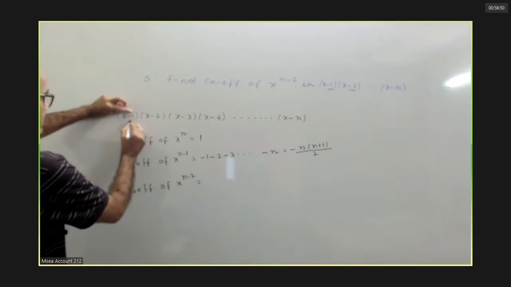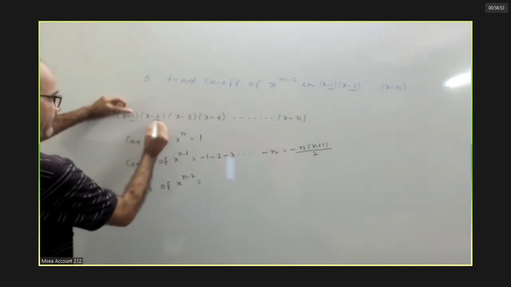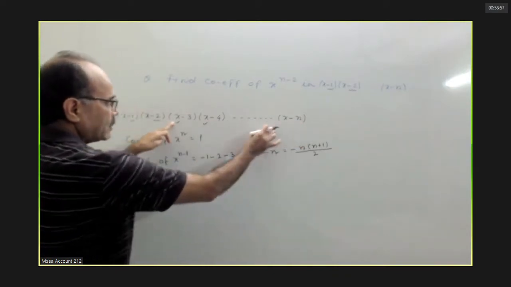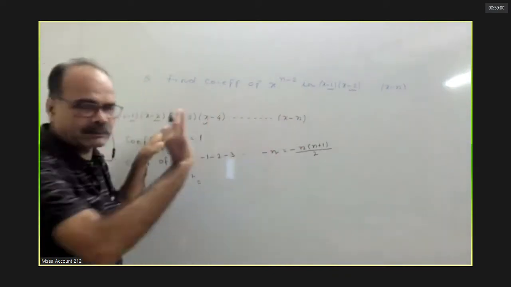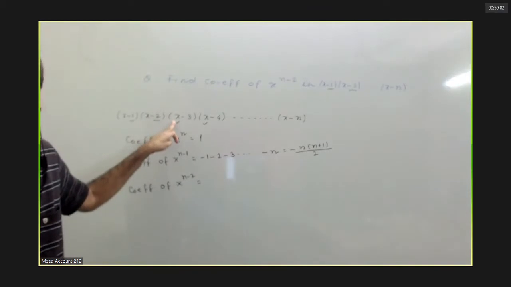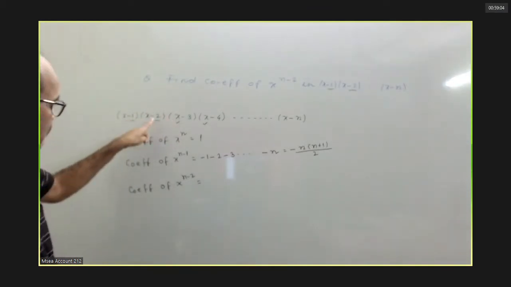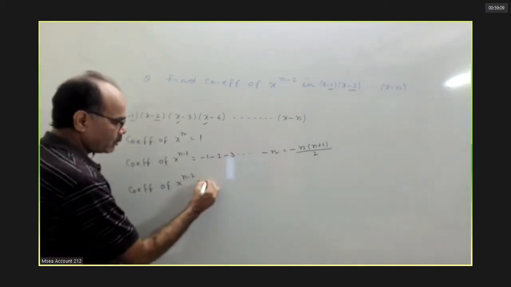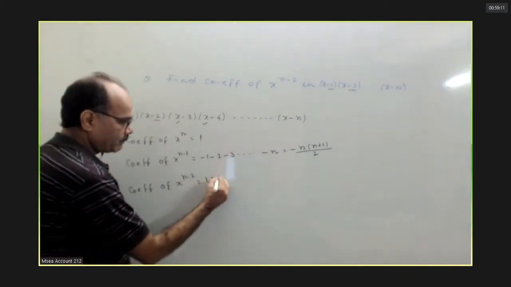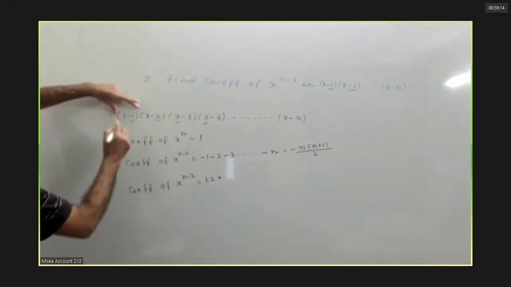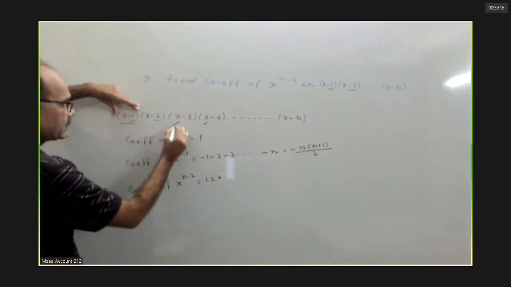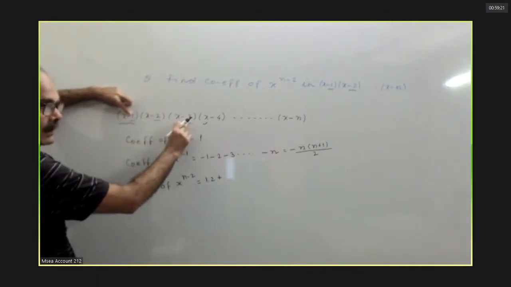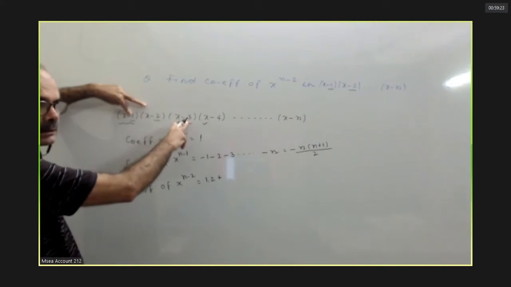In these two factors, multiply with constants. The other factors, multiply with x into x, and so on. So all the remaining factors you multiply with x, that is x to the power n minus 2. Here it will be -1 into -2, so 1 into 2, plus. Now, the first factor and third factor, you multiply with constants, -1 into -3, and the other factors you multiply with x.